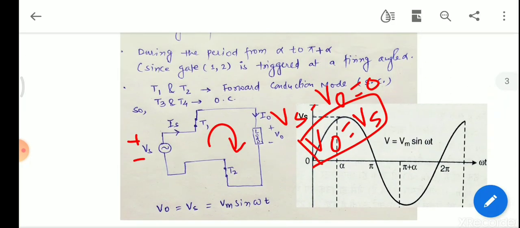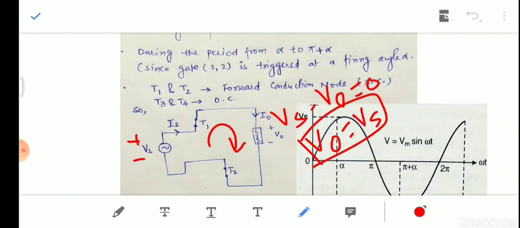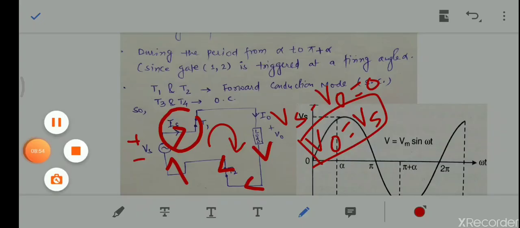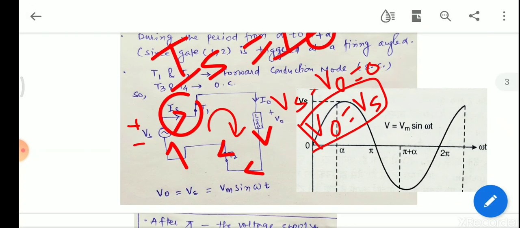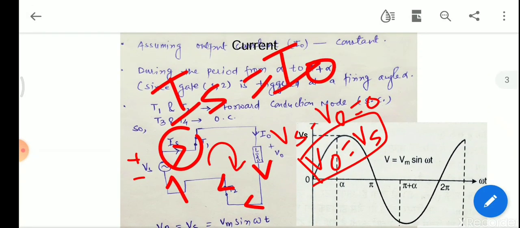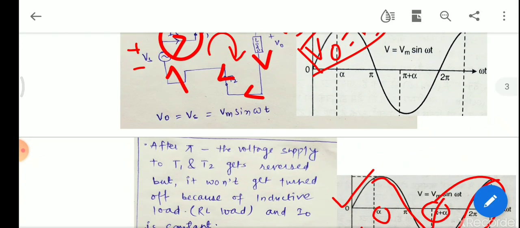The source current is, this is the source current, Is. What will be Is? I naught is this, this, this, this, means Is and I naught are basically the same, in the same direction. Okay, but this is for the period alpha to pi plus alpha.